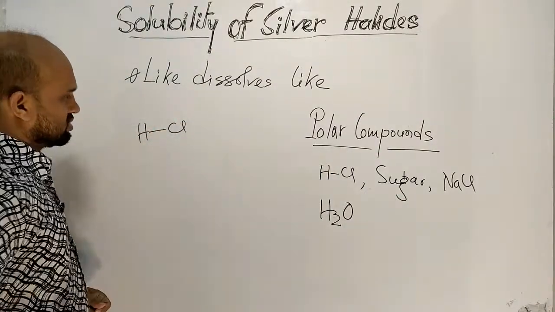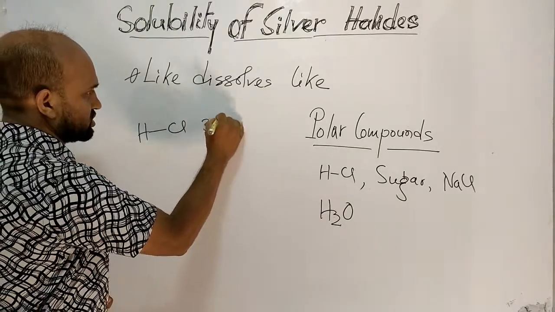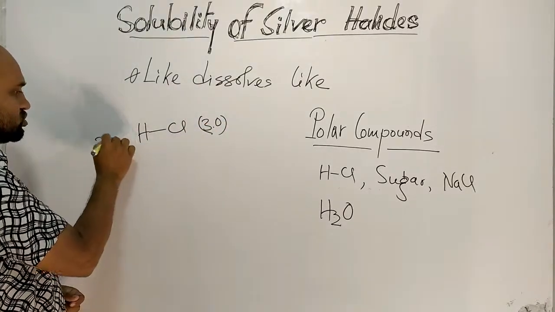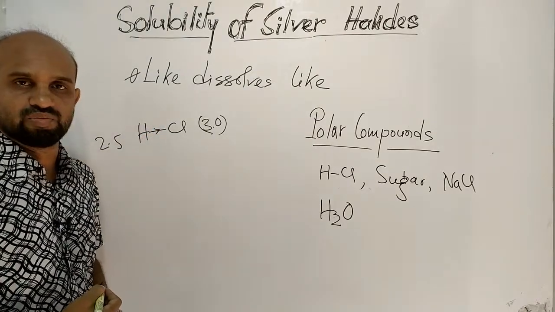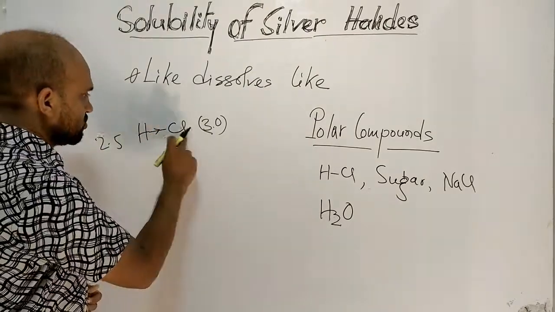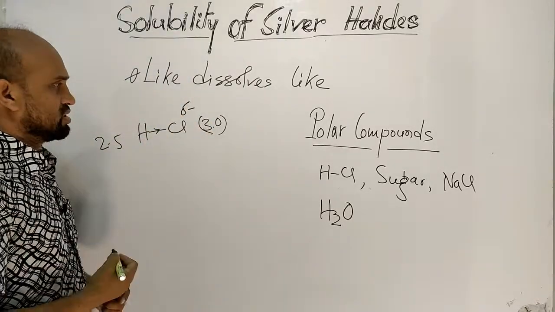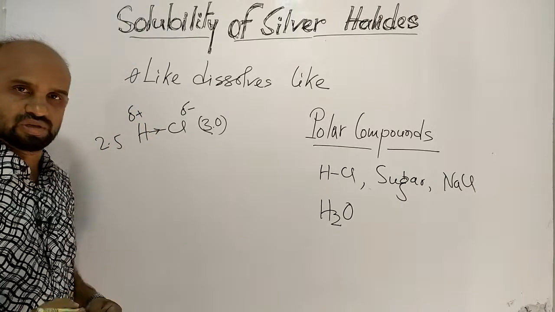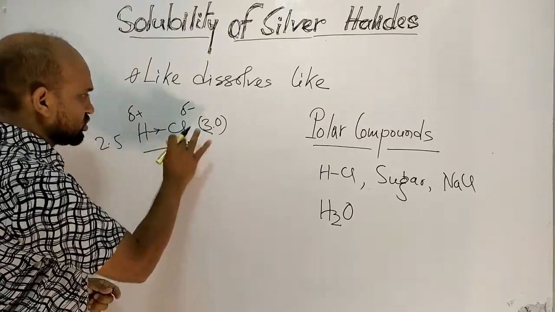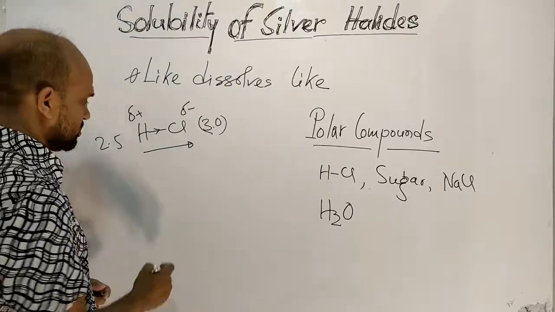Here the electronegativity of chlorine is 3.0 and hydrogen is 2.5. Electron cloud, that means covalently bonded electrons, move towards chlorine. That is why it gets partially negatively charged and hydrogen becomes partially positively charged. So there are two poles, negative pole and positive pole. So this is a polar compound.